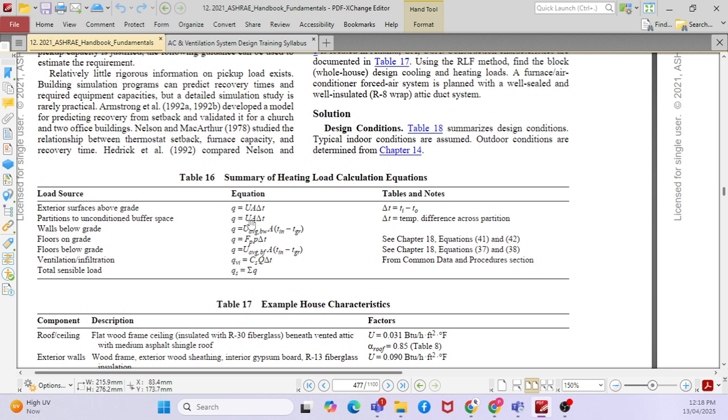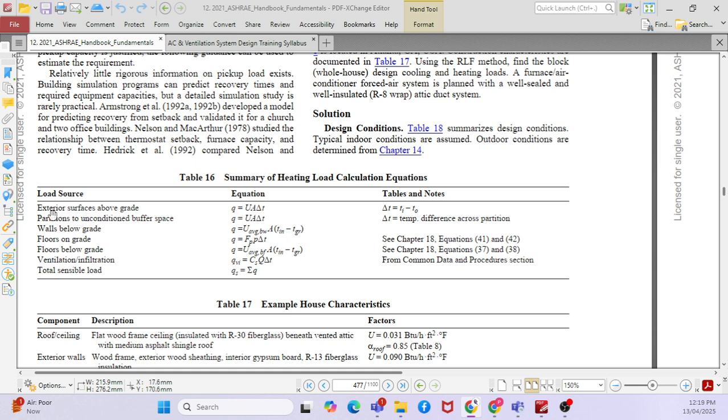Not the psychrometric chart, the heat load equation which I shared. I have shared one video in the HVAC design group: an introduction to heat transfer, covering conduction, convection, and radiation. Have you seen that video? Not fully, but about half. See that video, and you will understand how this equation arrived.